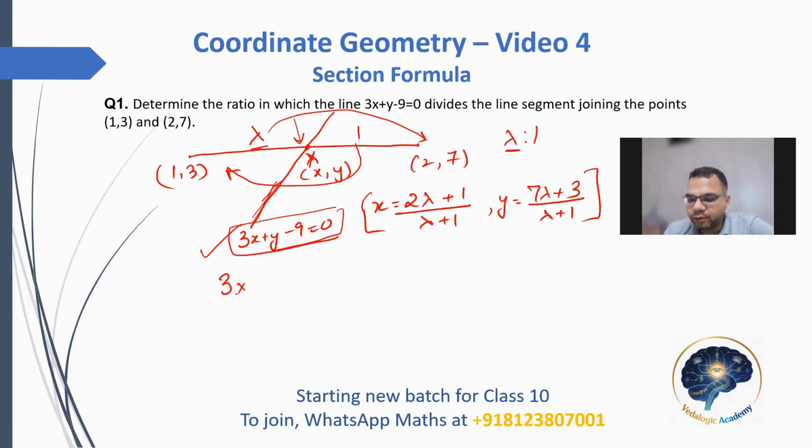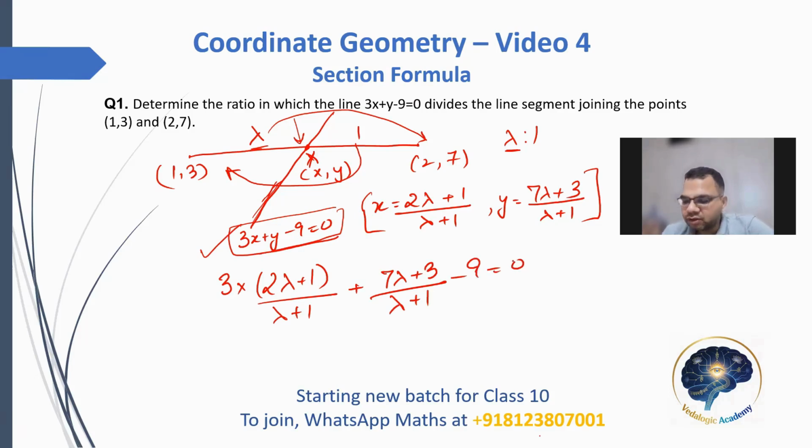So 3 into (2 lambda plus 1) upon (lambda plus 1) plus 7 into (7 lambda plus 3) upon (lambda plus 1) minus 9 equals to 0. So now I have to just solve this equation. So it becomes 6 lambda plus 3 plus 7 lambda plus 3.